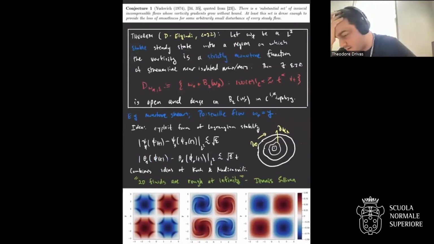Okay, then there's this issue of infinite time growth, so stronger than instability. And there's this nice conjecture by Yudovich, which is that a substantial set of inviscid incompressible flows have the property that the vorticity gradients grow without bound. At least this set is dense enough to provide loss of smoothness for an arbitrary disturbance of every steady flow.